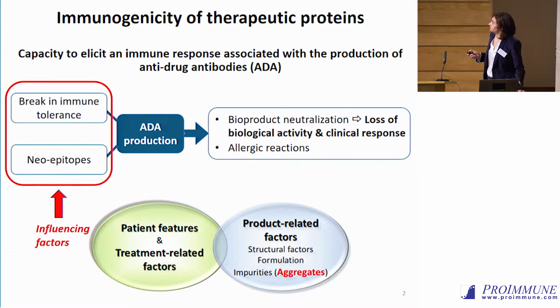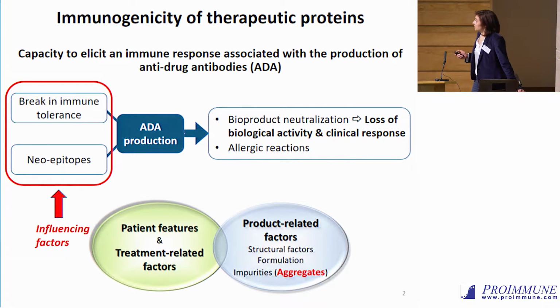Or a patient can also get immunized with foreign epitopes, which is more the case with monoclonal antibodies. So this ADA production would lead to the bioproduct neutralization with the loss of biological activity, but there may also be some adverse events, for example allergic reactions, such as with the cetuximab treatment.